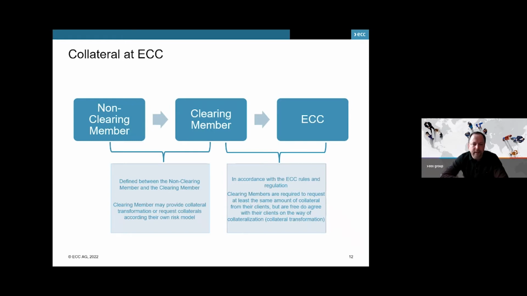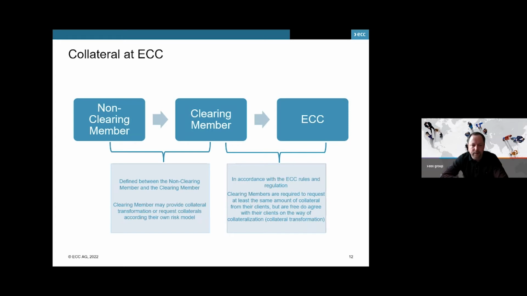The relation between ECC and the clear members is defined according to the ECC rules and regulations. And here, clear members are required to request at least the same amount of collaterals in collateral types accepted by ECC, but they are free to agree with their clients on which collaterals are accepted.